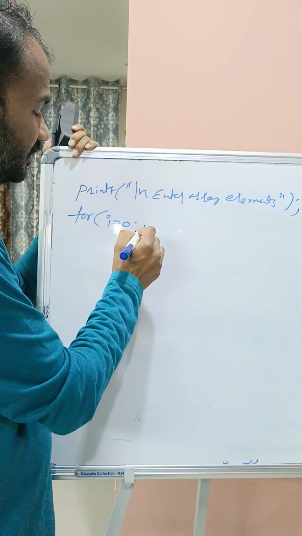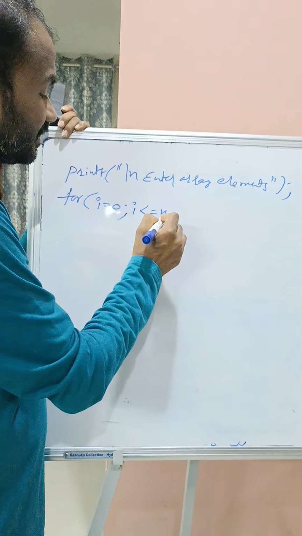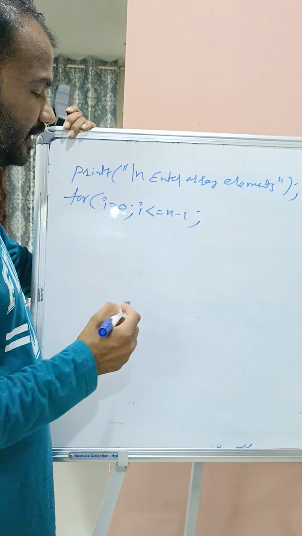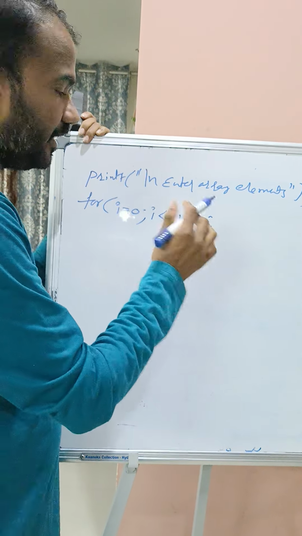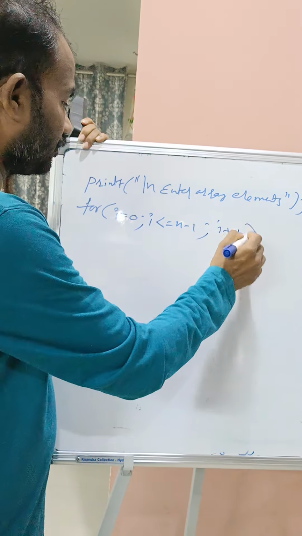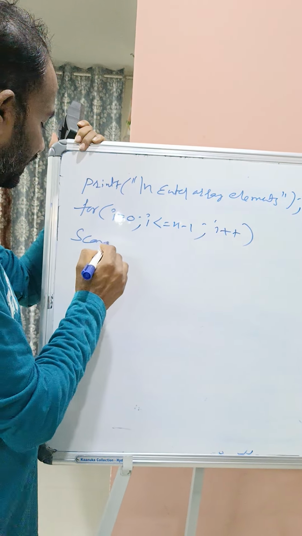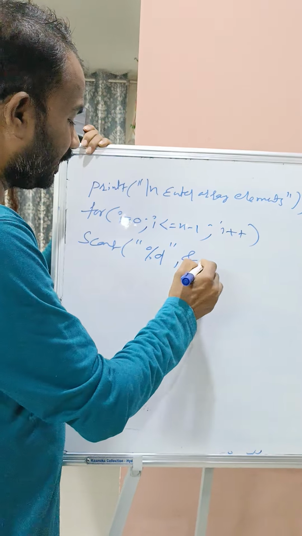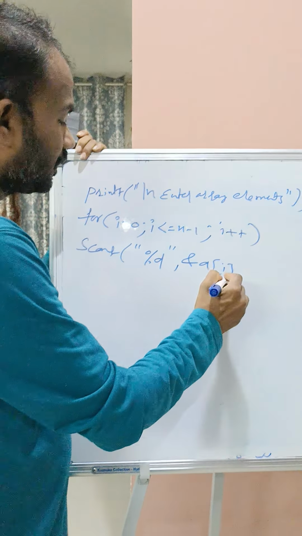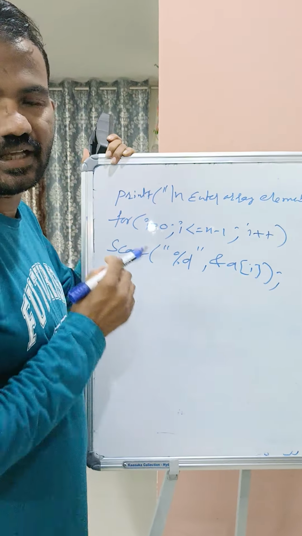That's why we are taking this one. What is the last element? Size minus 1. That's why we are taking i less than or equal to n minus 1, or i less than n. Scanf "%d", address of a of i. Now entering the array elements is over.